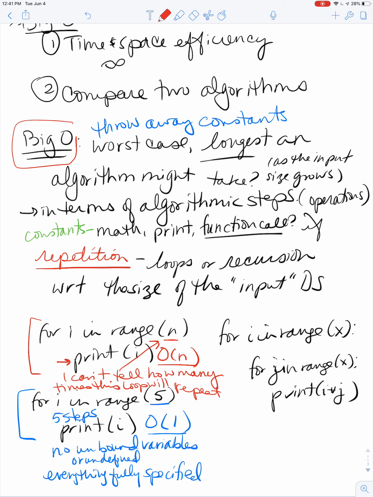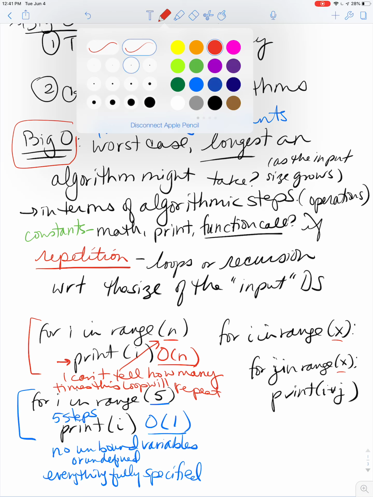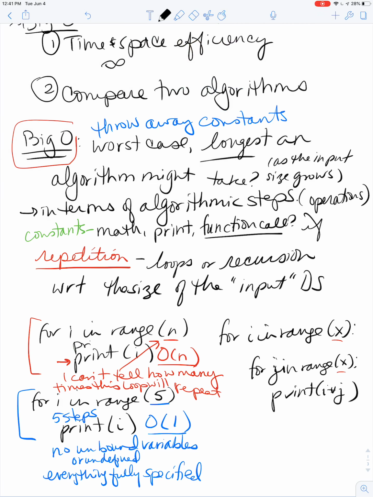And so we assume that if there's something that's unspecified, like n or maybe x, we are going to call that O of n. Now I am still printing. In fact, I could be printing twice. That is not going to affect the big O, because printing twice is a constant time operation. I can tell you how long that will take in advance.